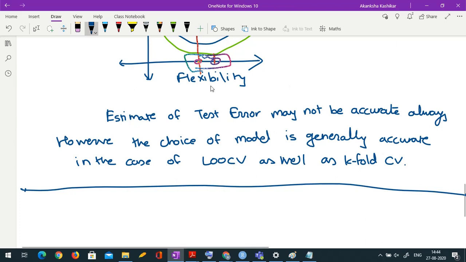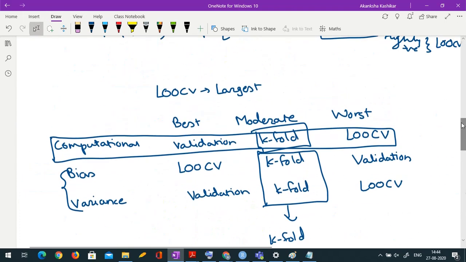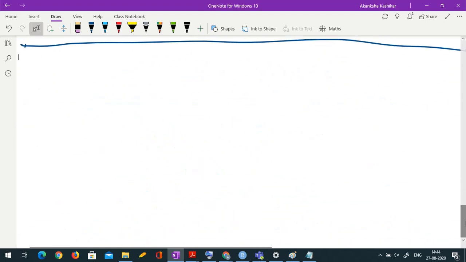Okay, so now, just as a practice, we should also try estimating test error on simulated data and see what happens. So there are different ways in which you can simulate data and try this. So let us generate 3 simulated data sets. Data set 1 we can generate by a simple linear regression model.